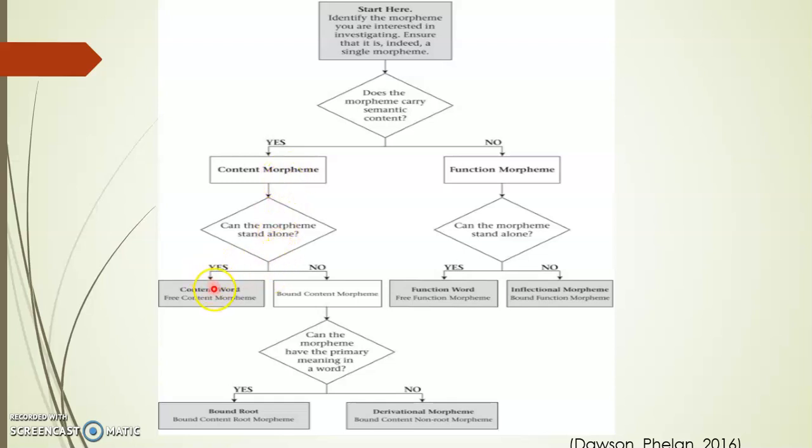Yes, it is a content word. No, it is a bound content morpheme. Can the morpheme have the primary meaning in a word? Yes, it's a bound root, a bound content root morpheme. No, it's a derivational morpheme, a bound content non-root morpheme. And if the morpheme doesn't carry semantic content, it is a function morpheme: a function word or an inflectional morpheme. Thanks.